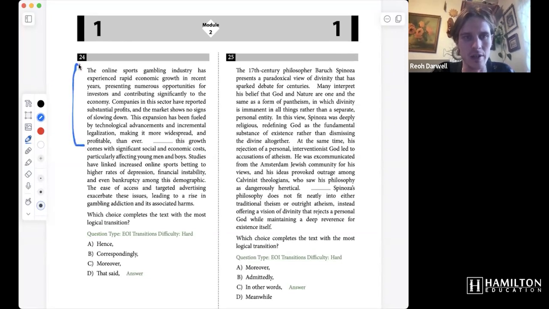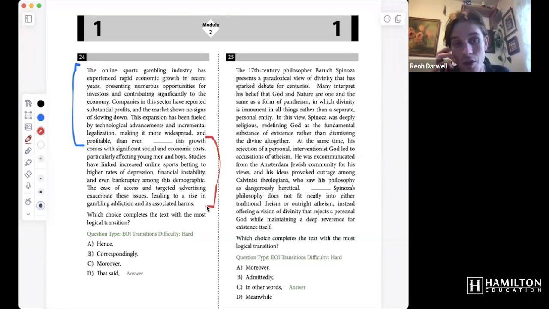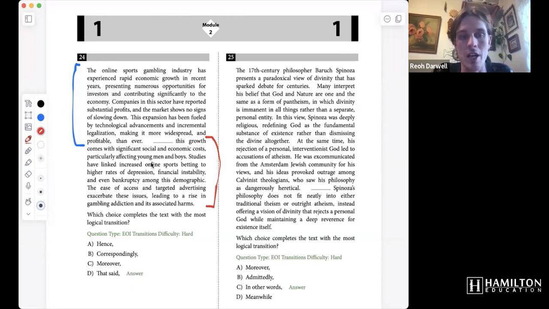Here, we're just saying, look, online sports gambling has grown. Then here we pivot to say, however, this growth has led to significant issues among young men and boys. All right. So sports gambling has grown a lot, but it has caused these issues.